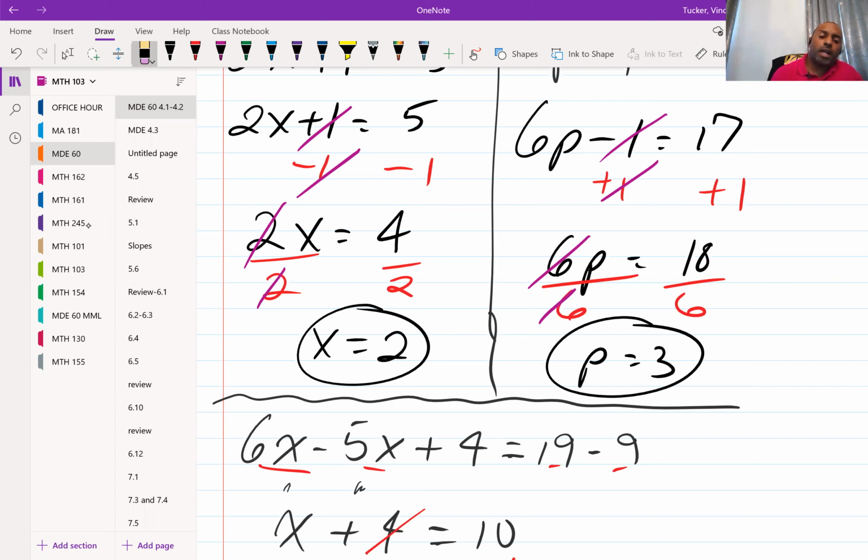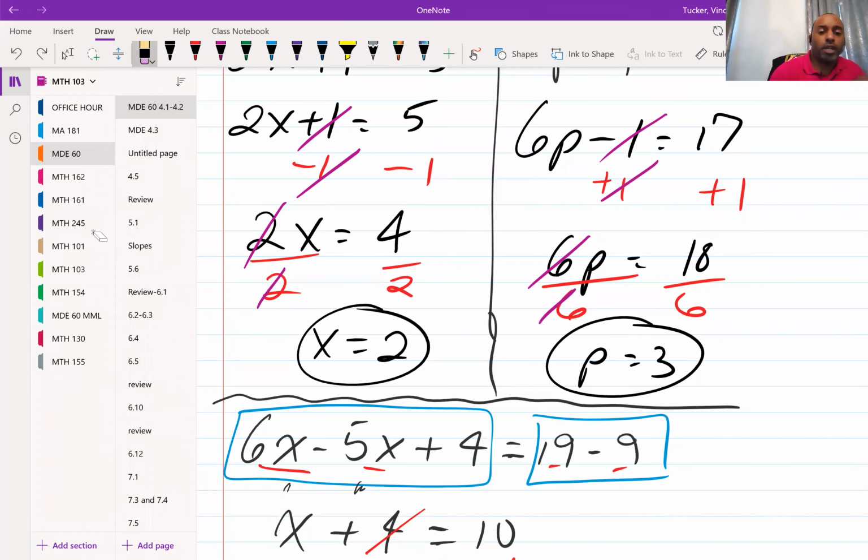So notice we have like terms on each side of the equation. What I would do is simplify as much as I can on the left, and simplify as much as I can on the right before I move things across the equal sign. When you move things across the equal sign, you have to do opposite operations. But before you do that, you can simplify as much as possible on each side.